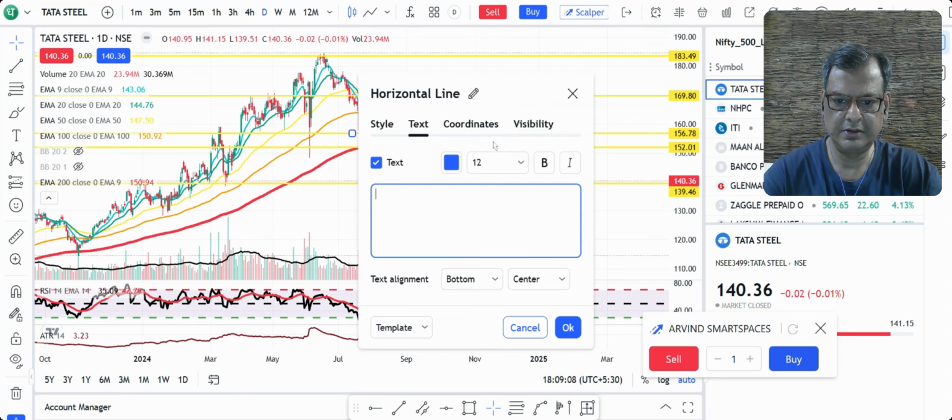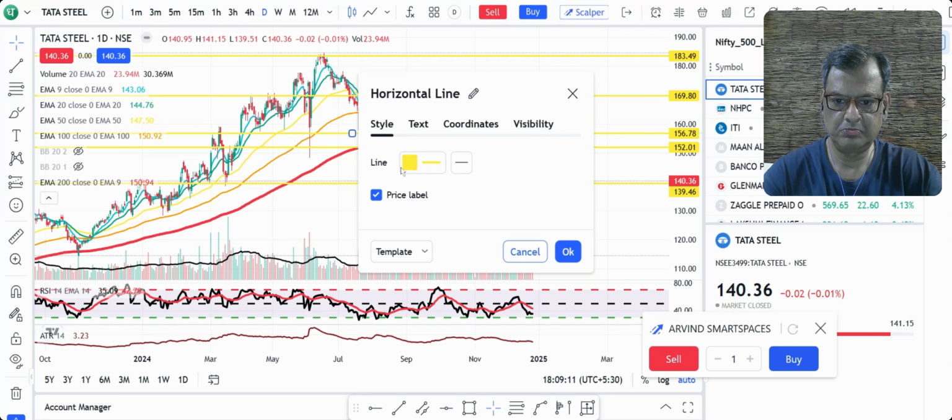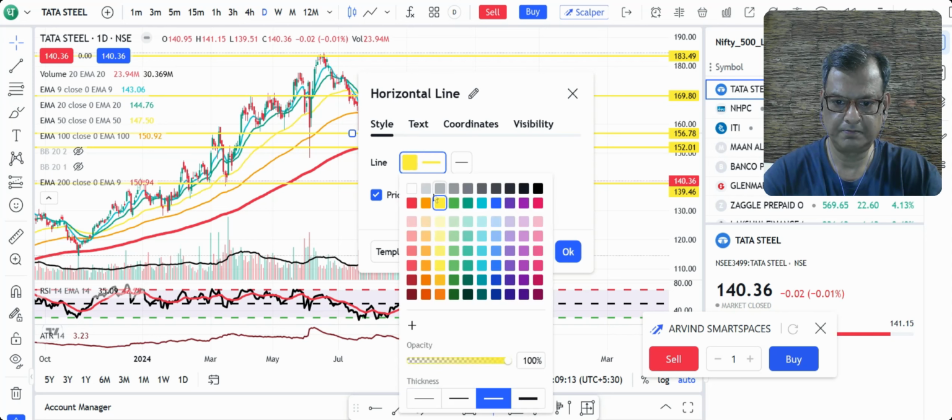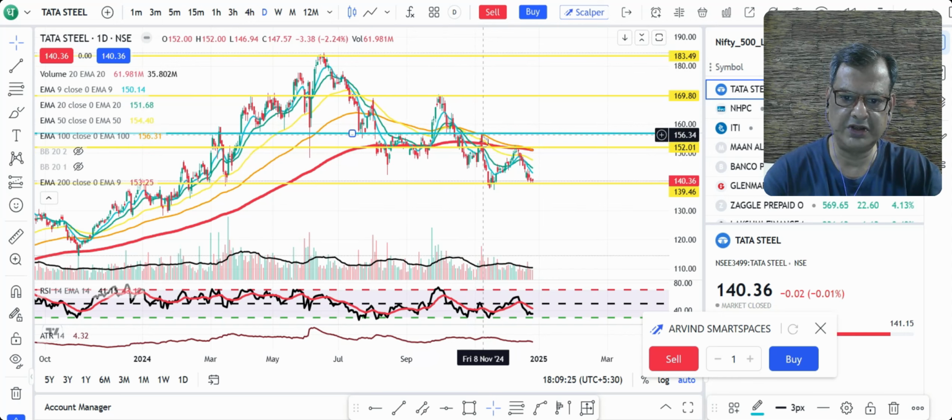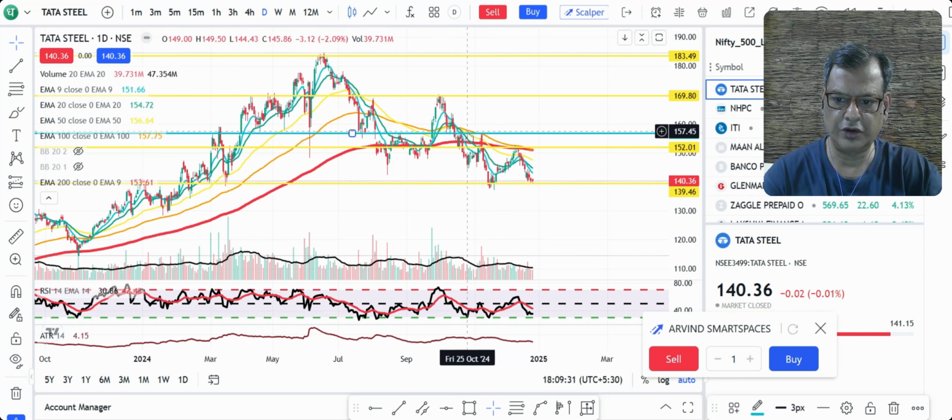Let me change the color, just to show that first I've drawn the yellow line, so I've drawn here, and you will see that here there's a resistance, price is coming back, and here, so I have drawn this here.